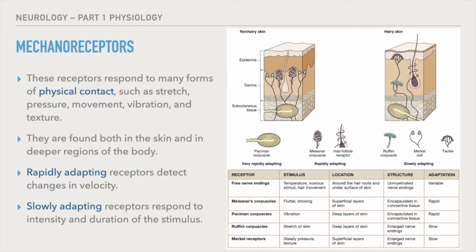These receptors are stimulated when the skin is stretched and are slowly adapting receptors. The Merkel receptors and the tactile discs are also slowly adapting receptors found in the superficial layers of the non-hairy skin, and they detect steady pressure and textures.